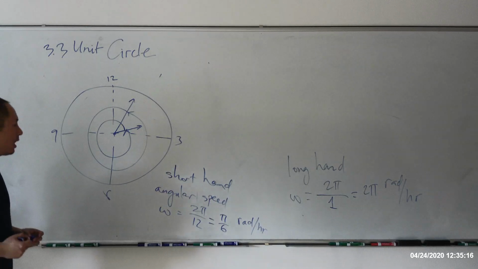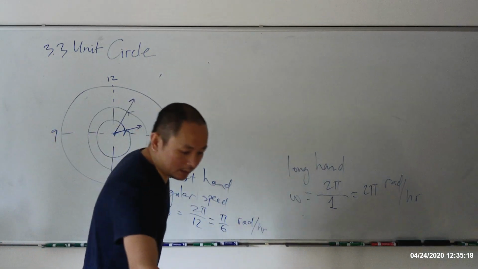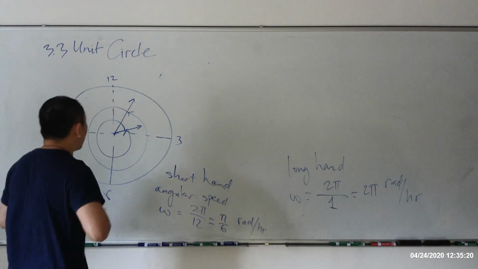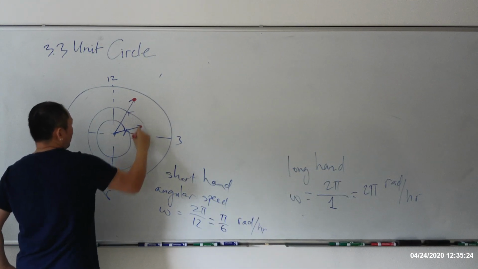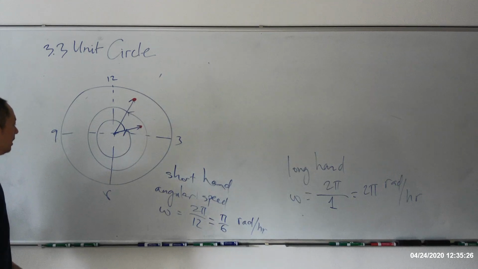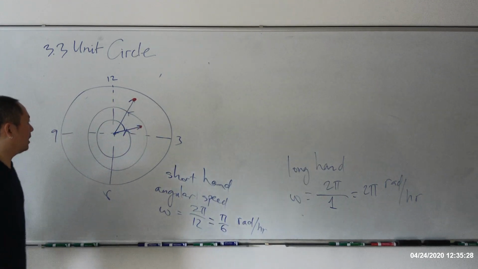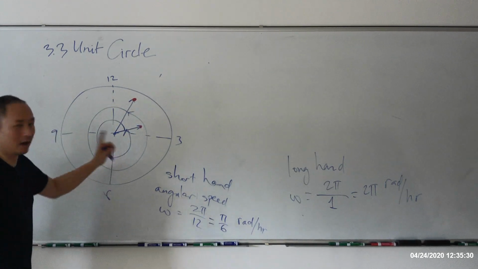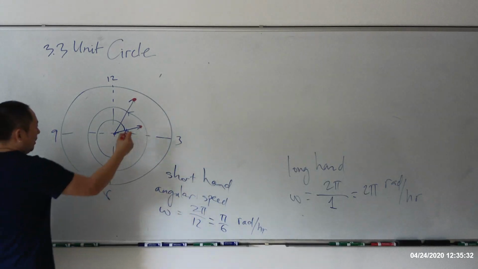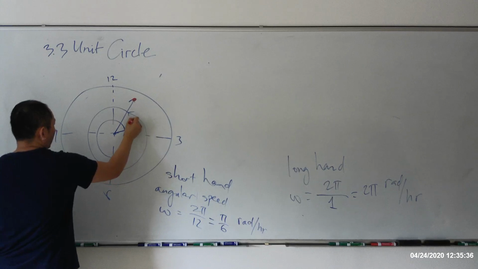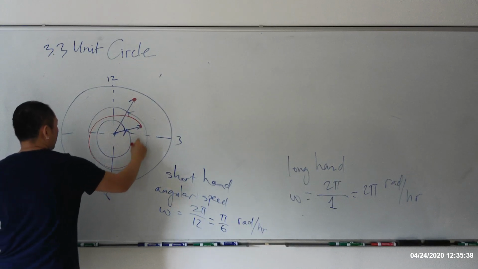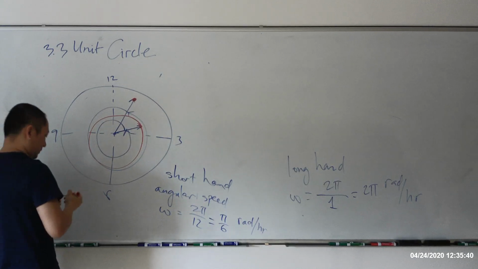Now, let me talk about the linear speed. We are talking about the tip right here. That point right on top of the short hand and the point right on top of the long hand. See how fast those points are moving around. Okay? So if the short hand is doing a complete circle, you see the tip is traveling along this circle right here.